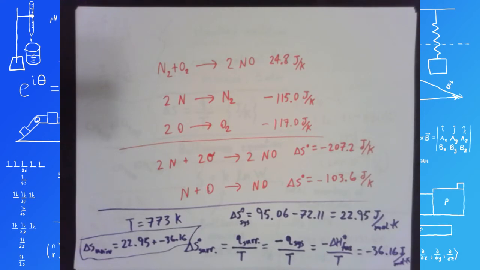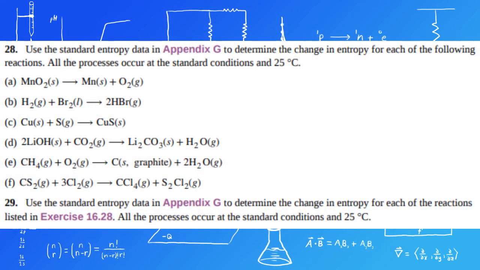Let's have a look at one more set before we talk about delta G. So 28 says use the standard entropy data in the appendix to determine the change in entropy for each of the following reactions. All the processes occur at the standard conditions and 25 degrees Celsius. Okay, so that's just using the data tables. You know how to do that. 29.